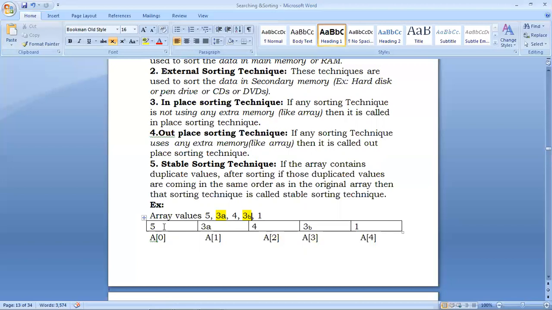In that array, the first value is 5, second is 3, third is 4, fourth is 3, fifth is 1. Only for the sake of understanding I differentiated these two duplicate values as 3a and 3b. The first duplicate value is at a[1], the second duplicate value is at a[3].